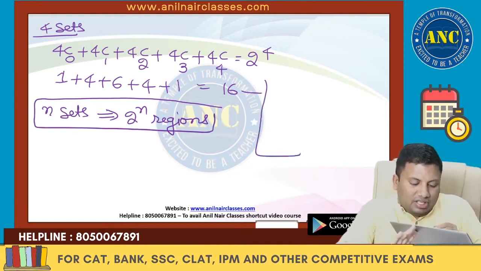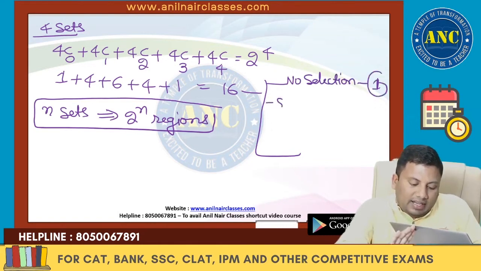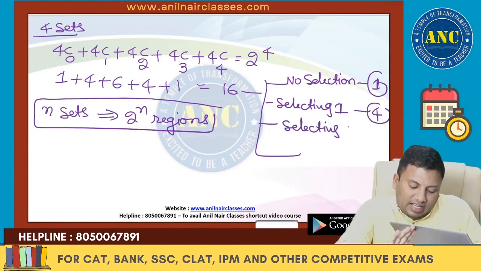Out of these 16 regions, no selection gives 1 region. Selecting 1, there will be 4 regions. Selecting 2, there will be 6 regions. Selecting 3, there will be 4 regions.